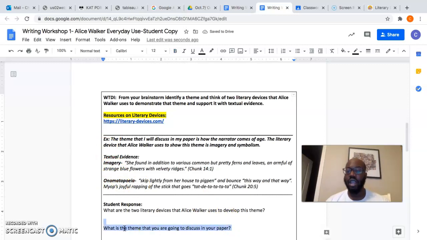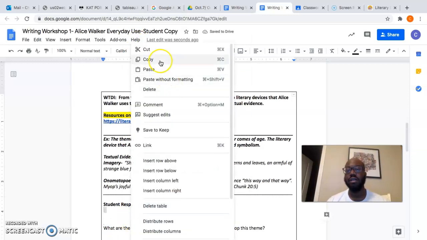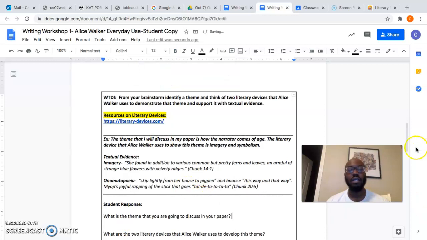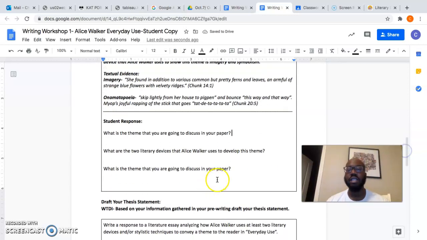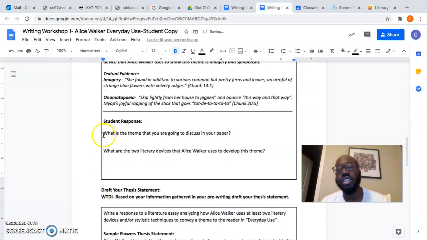And basically what you're going to answer for me are these 2 questions. I'm just making it a little easier for you to navigate this. Right here where it says student response, the first question is, what is the theme that you're going to discuss in your paper? And the next thing is, what are the 2 literary devices that Alice Walker uses to develop this theme?